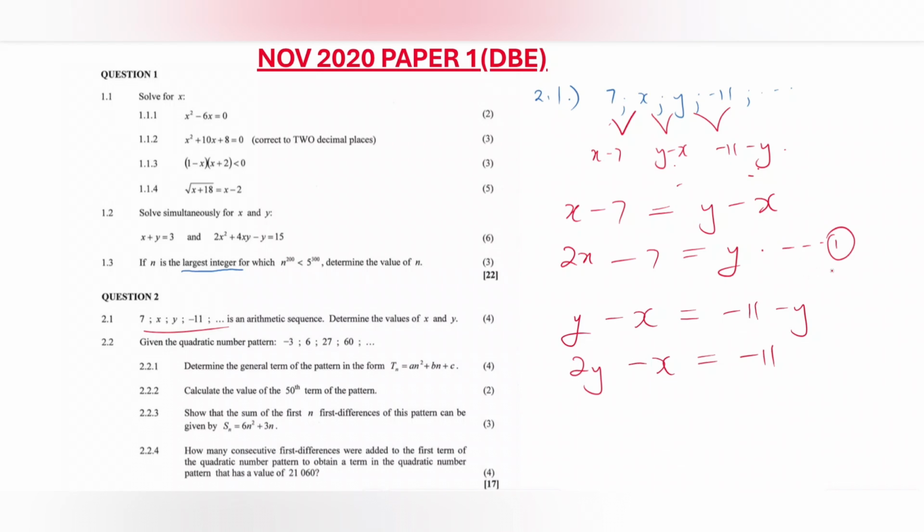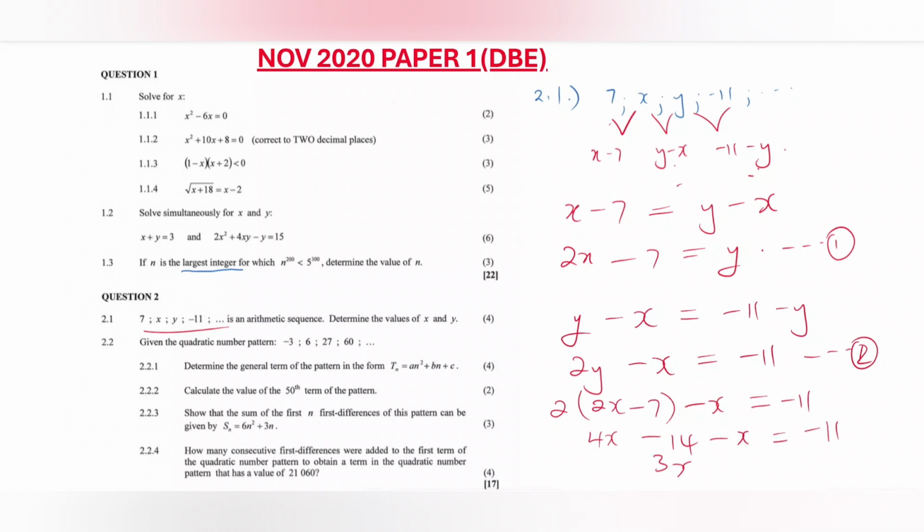Then we are going to substitute equation 1 into equation 2. So our y is equal to 2x minus 7. That's 2 multiplied by (2x minus 7), then minus x is equal to minus 11. This gives us 4x minus 14 minus x is equal to minus 11.